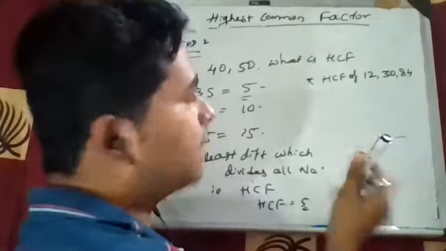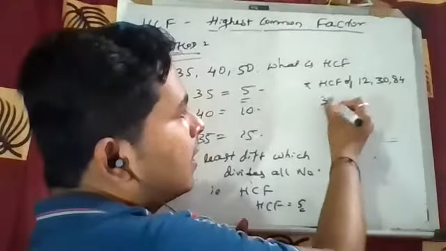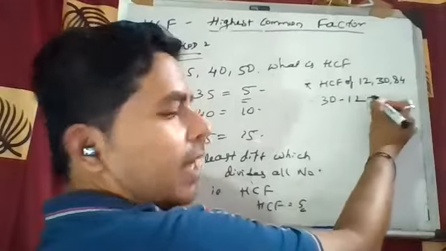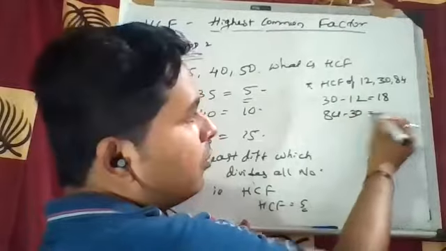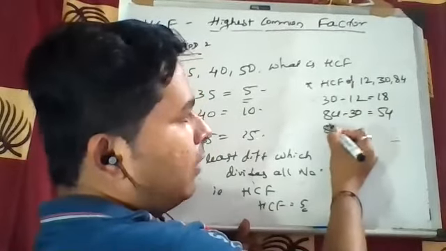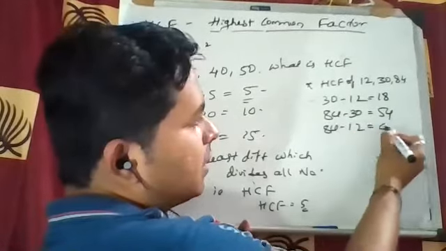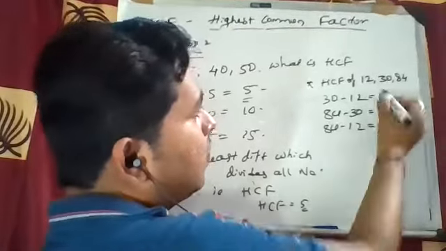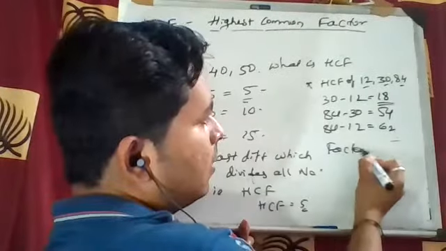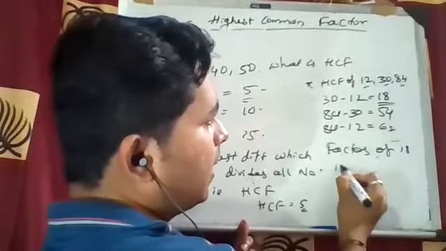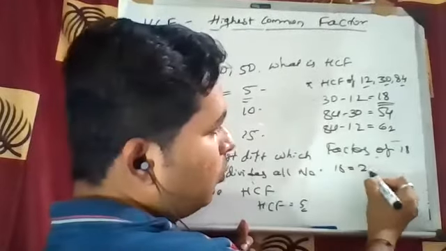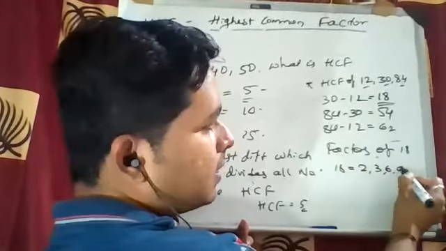You got a difference of 18, that is correct: 30 minus 12 is 18. And 84 minus 30 is 54. And 84 minus 12 is 72. So the least number is 18, but 18 does not divide all of these. So take the factors of 18: 2, 3, 6, 9.